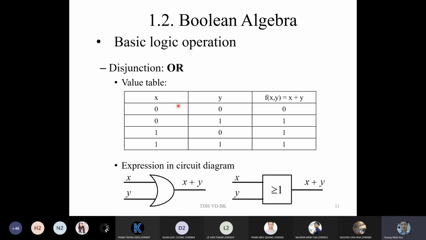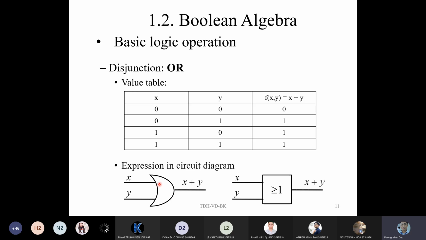Okay. And for the expression in the circuit diagram, we also have two types of symbol. The left side is like this. I don't know how to call this in English.